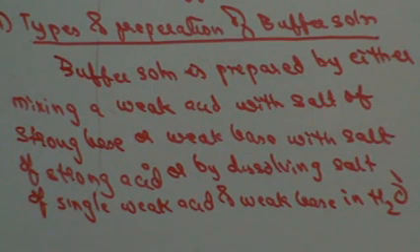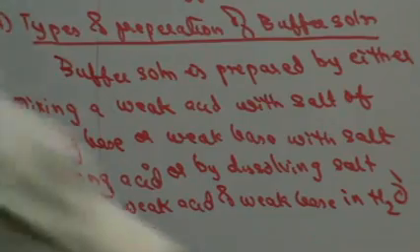Now, since it is prepared by a weak acid with a salt of strong base and a weak base with a salt of strong acid, there are different types of buffer solution. Either you can have an acidic buffer, basic buffer, or a neutral buffer.